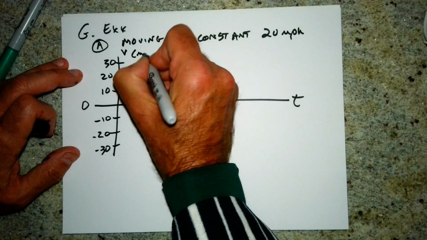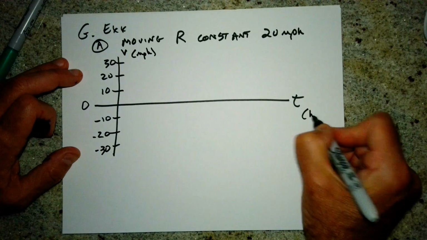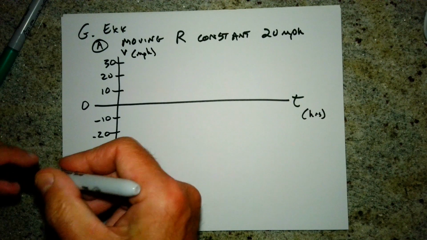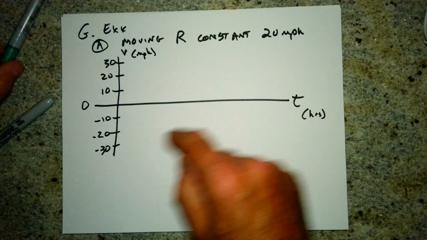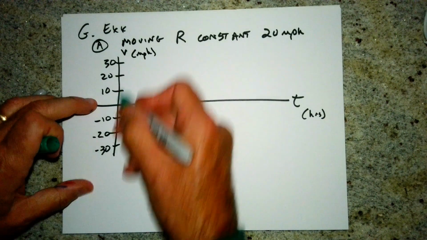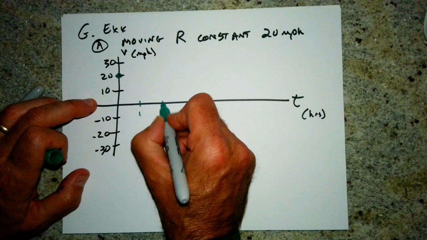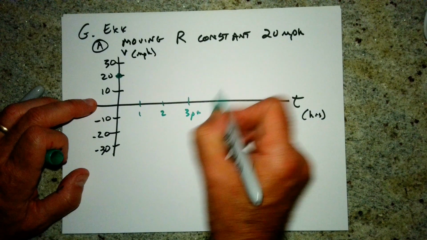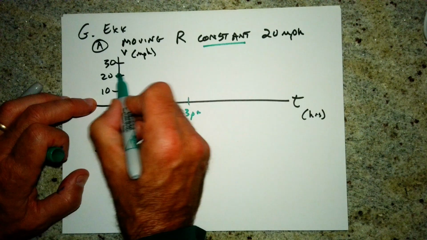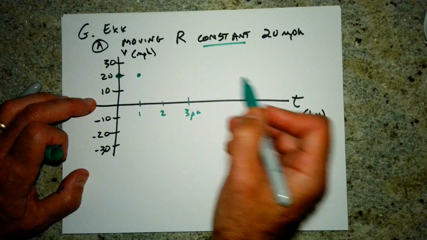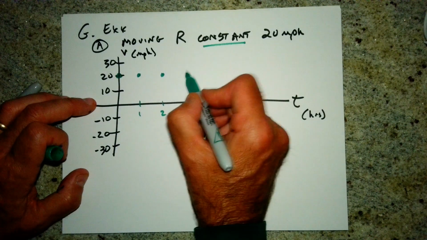And the velocity is in miles per hour. Time is in hours. Okay, so moving to the right at a constant 20 miles per hour. So it's moving to the right, so that means you're in the positive numbers. They tell you the speed is 20. And 1, 2, 3 p.m. The speed stays constant, so that means an hour later, the speed is still 20. An hour after that, the speed is still 20. Okay?